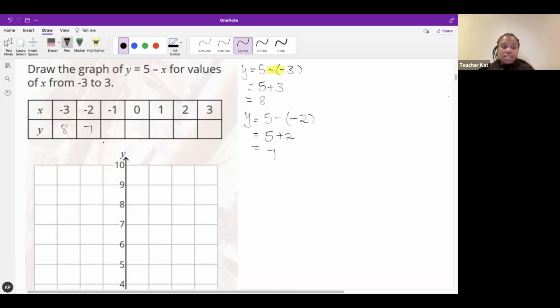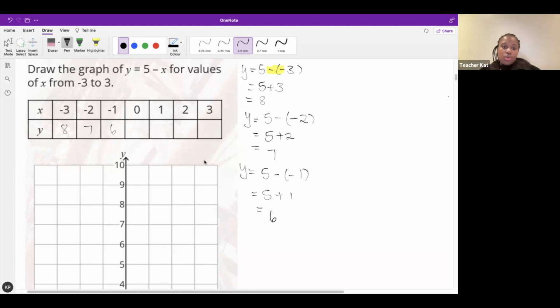8, 7. Next one, y is equal to 5 minus -1, which is 5 plus 1, which is 6. What is happening with my outputs here? Do we realize anything? What is happening with our outputs? Decrease by 1.